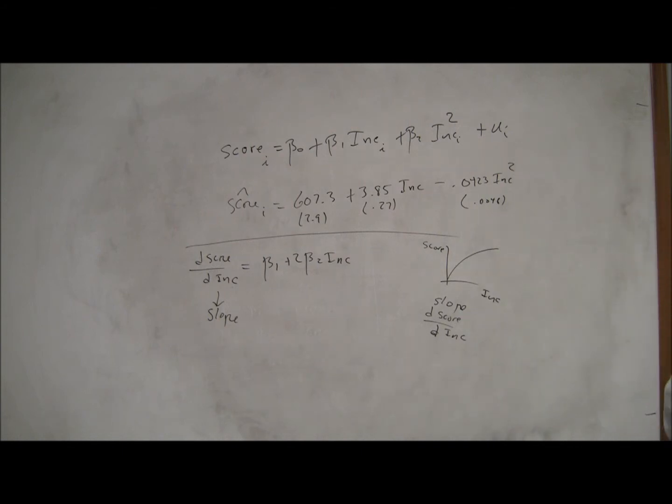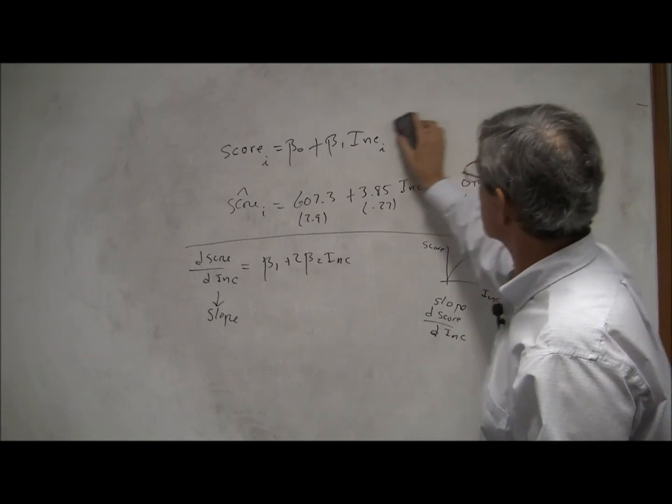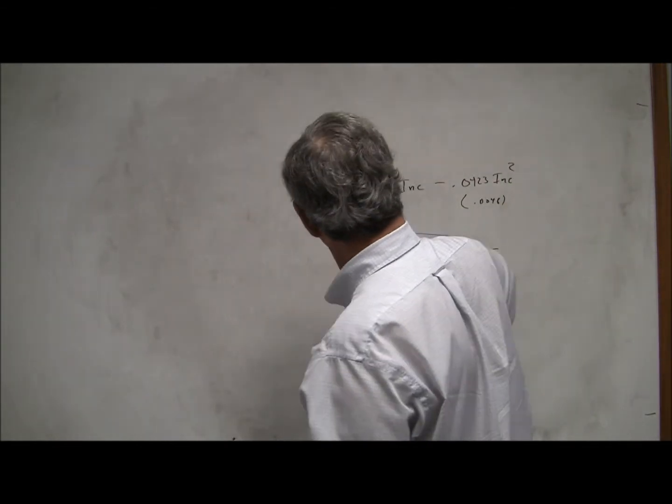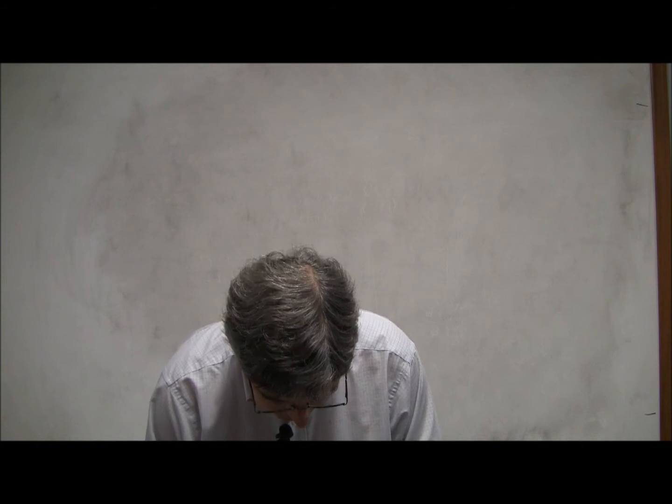And then the book does this a different way. So what we're trying to show is that the effect of a change in income on score depends upon the initial value of income. And so the book just does two examples.